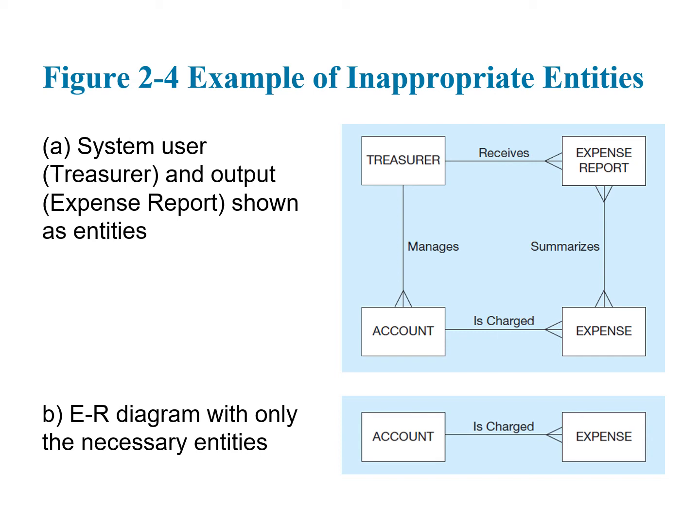Neither of these are entities that should be represented in the database or the entity relationship model. The entity relationship model should represent the objects that are of interest to the user and that will be displayed in the system output.